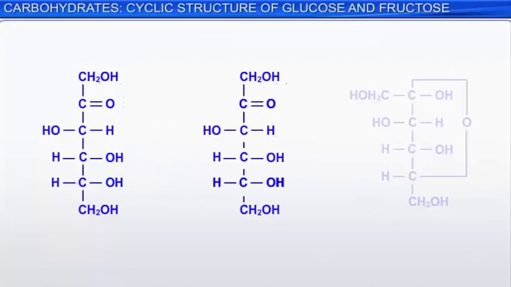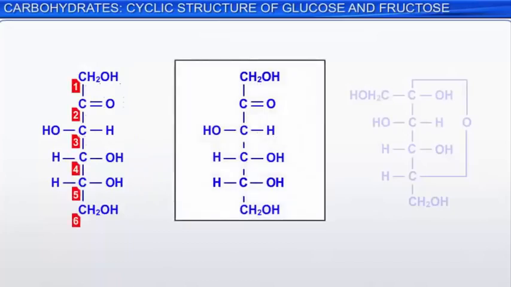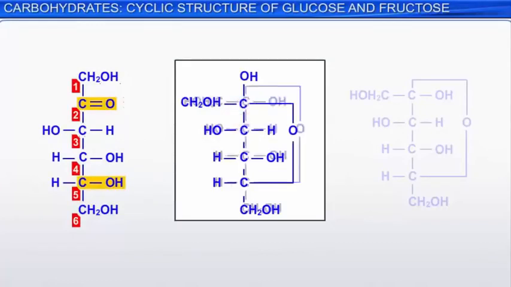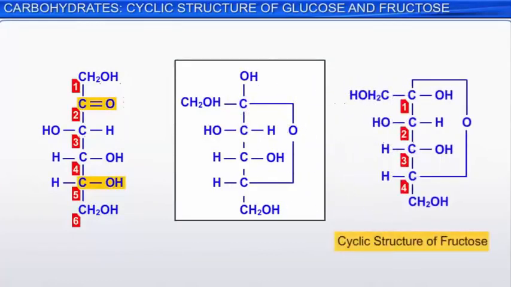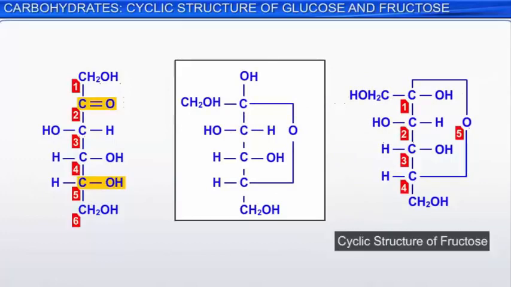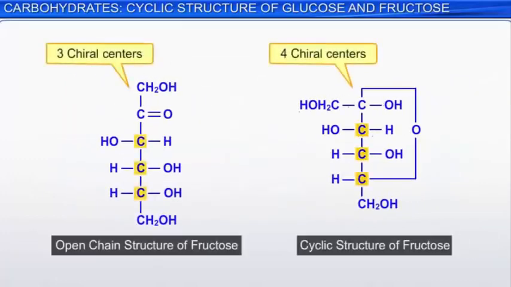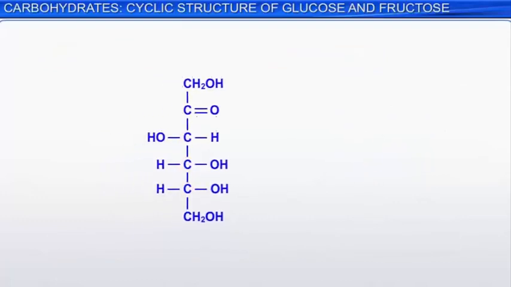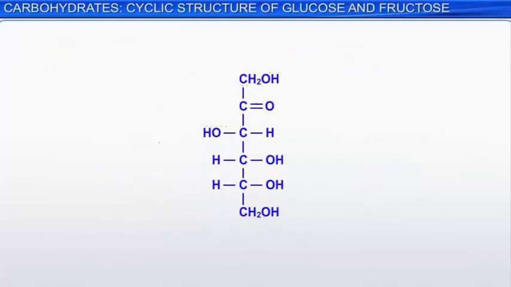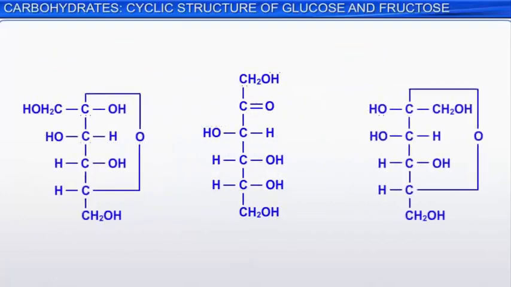The cyclic structure is obtained when the hydroxyl group at C5 gets added to the carbonyl group at C2. The cyclic structure thus obtained is a 5-membered ring. This structure has 1 chiral center more than the open chain structure. Therefore, there are 2 possible isomeric forms as shown here.